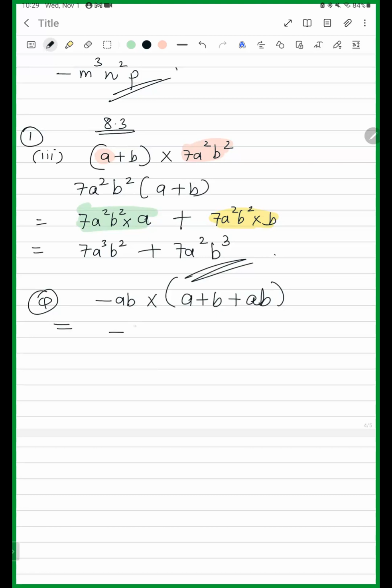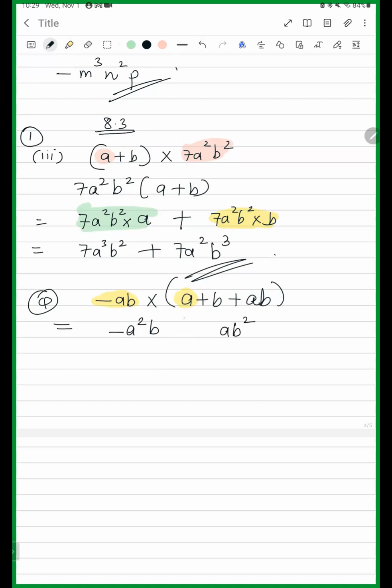How 3? Because you're multiplying A, right? Minus a raised to the power 2 b. Minus a square b. Then minus a b square. Very good.